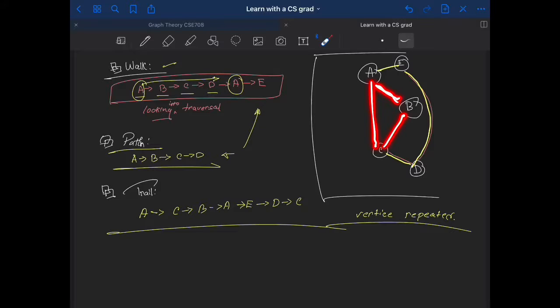Even though the node A was visited, we are not looking into repeated vertices. So A was visited, that's okay. From A to E, this edge wasn't visited. D to C was also not visited. So in all of this traversal, we can see that there are no edges being repeated. That's why this is a trail.